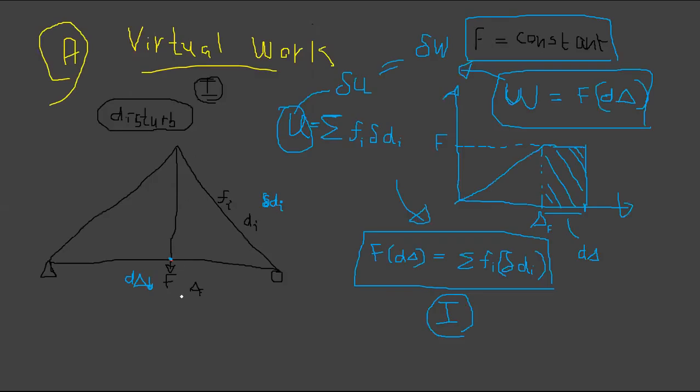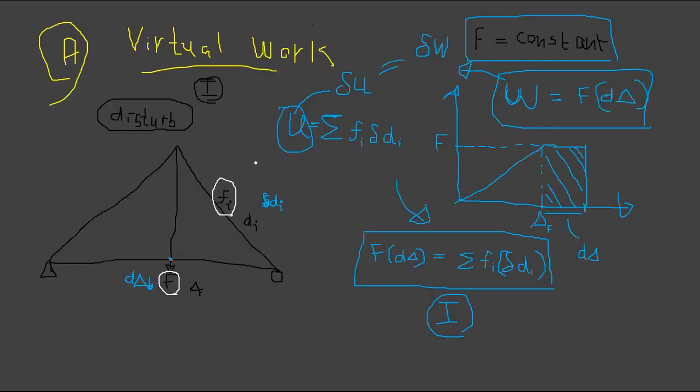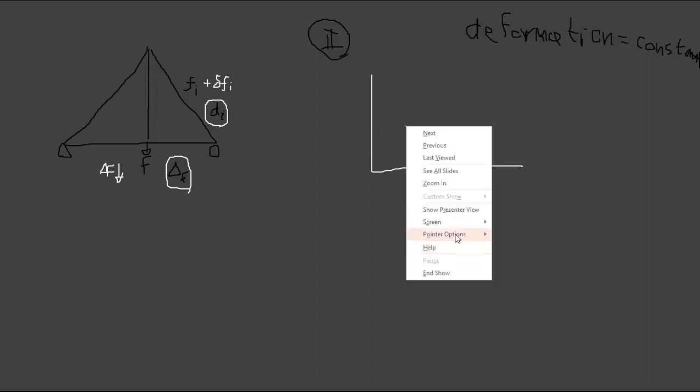In the first method, we keep F constant. Here, di is constant. Due to this, you will have an additional force of, let's say, delta Fi. So what happens is external work done. You can still draw the curve.